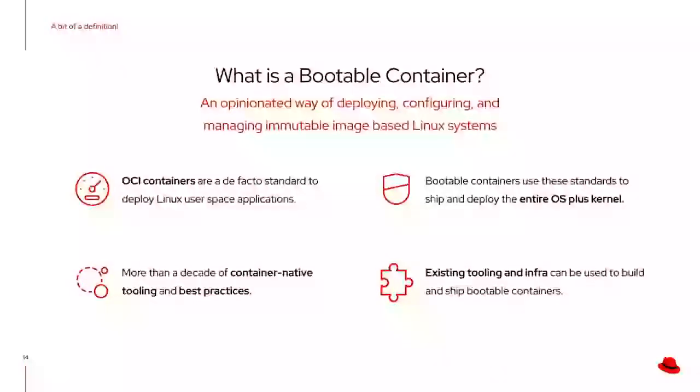Just like ordinary application containers, you can build bootable containers using existing container technology, such as container files, including Dockerfiles, and with existing tooling such as Podman, Docker, or BuildKit. You can further store these images on any container registry, for example Quay, Docker Hub, GitHub Container Registry, or even some internal container registries that you might have.